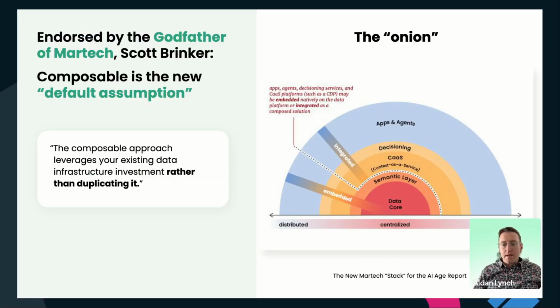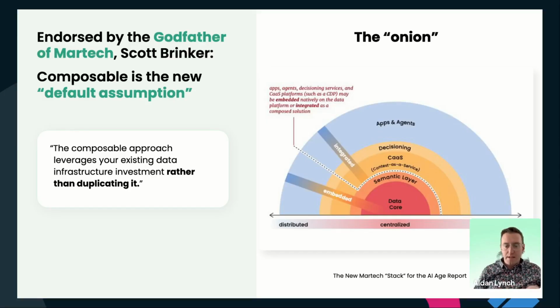So we're not the only ones observing these trends in the market. If you're familiar with Scott Brinker, he's been tracking this space for the last 15 years. So this report from Scott, he's known as the godfather of MarTech. It lays out his vision for the future, where he talks about this composable marketing architecture built around a unified layer. And really everything starts with your data. Then you have different layers around it.